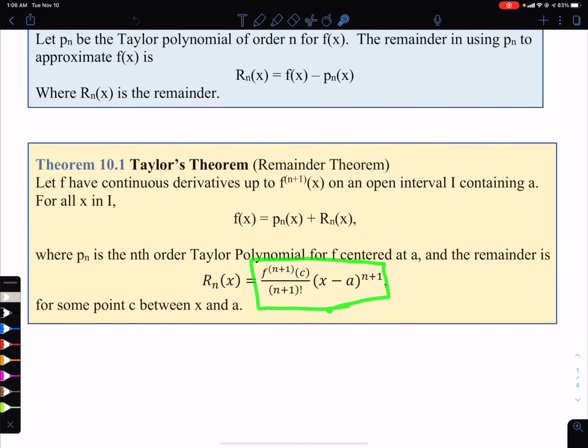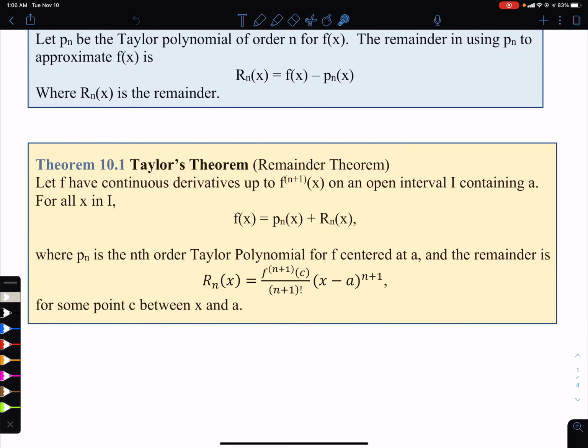That is one of the terms in a Taylor polynomial. In a Taylor polynomial, it goes up to the nth degree, so this is the n plus 1 term. Basically, this theorem is saying the error is going to be the next term of the Taylor polynomial.